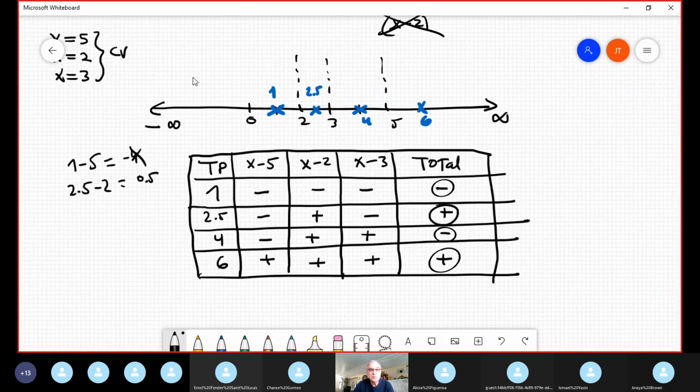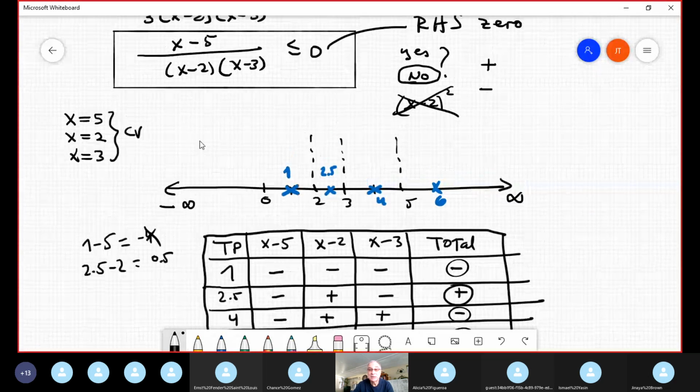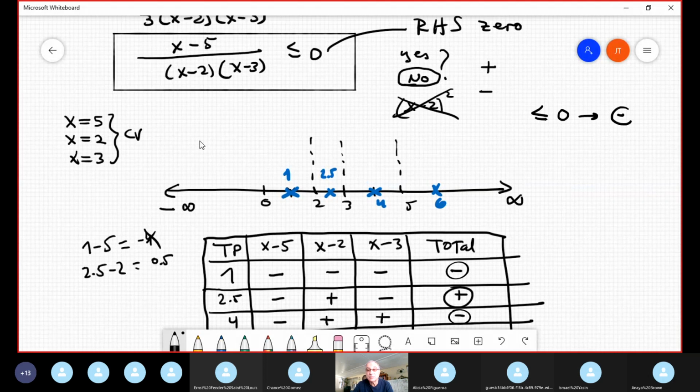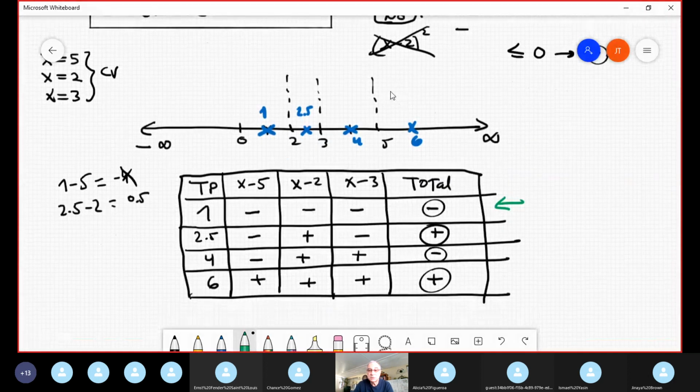I come back to the beginning. My inequality, I don't remember, is less than. And to be less than or equal to 0 is synonymous with saying negative. So the true statements are this and this. In our graph it's at 1.